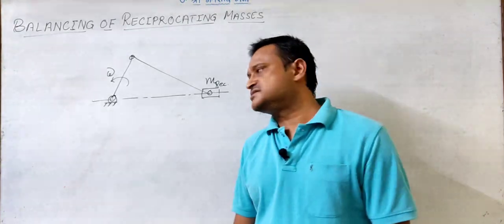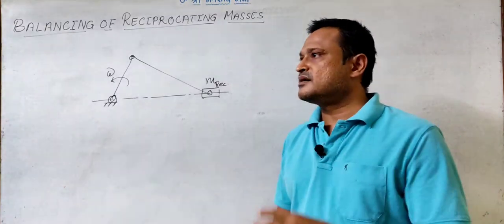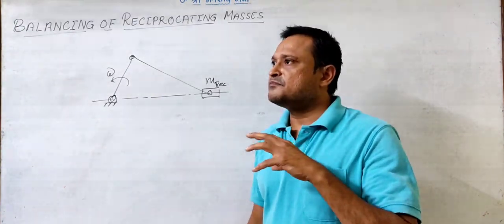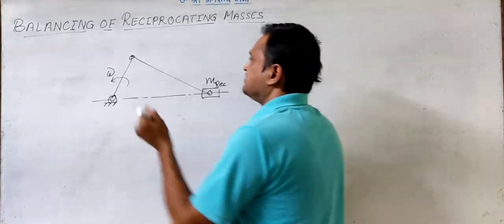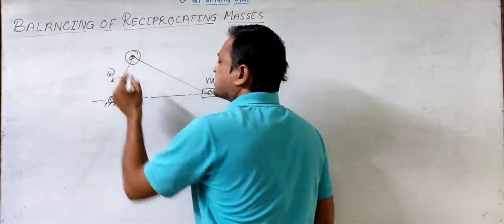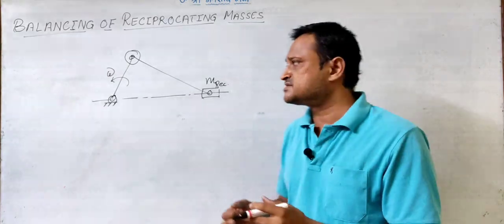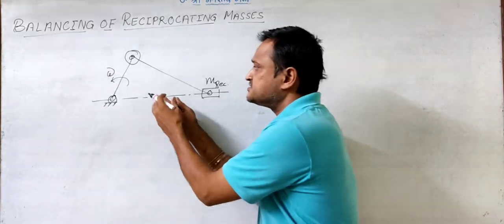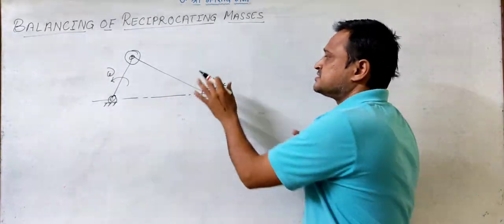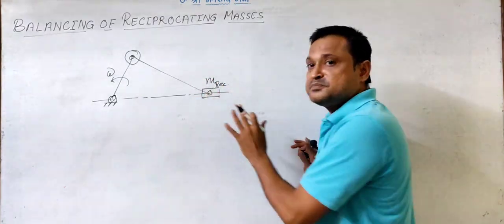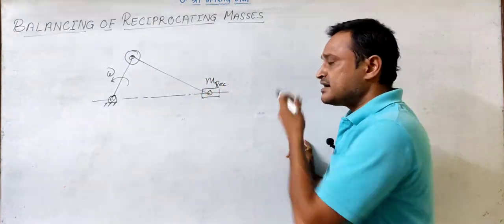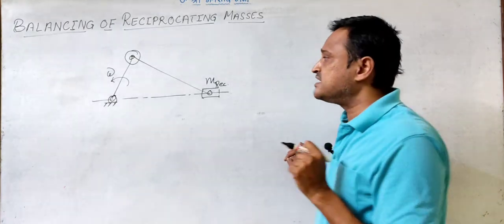Or in other words, I can say that when we are placing a mass at the crank pin, it is giving the same unbalance in the system as this reciprocating mass, and we are not completely balancing it.